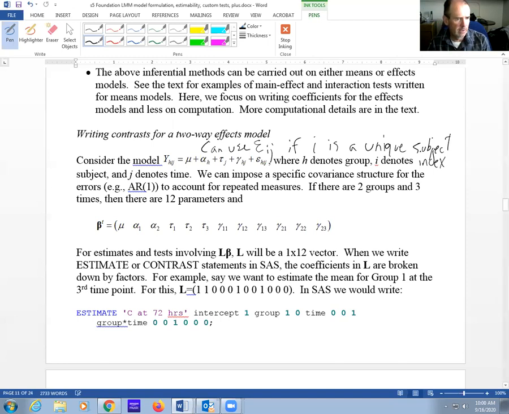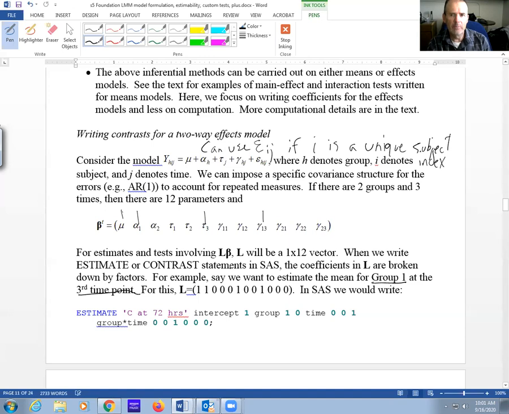So if we consider the L vector, in order to get this specific estimate for group 1 at time 3, how would we write that? Well, we want the intercept. We want the first group, so if I write this above, we'd have a 1 there, a 1 there. We're considering the 3rd time point, and then there would be a 1 there.